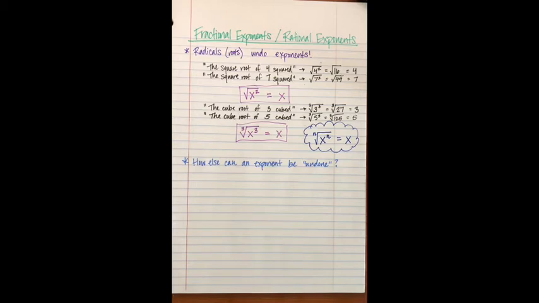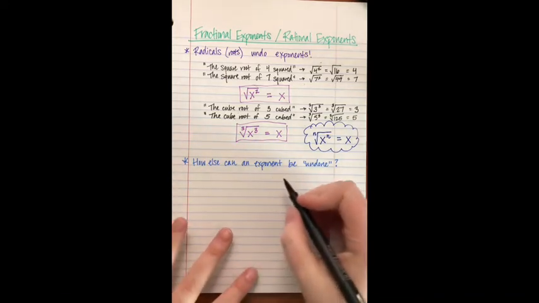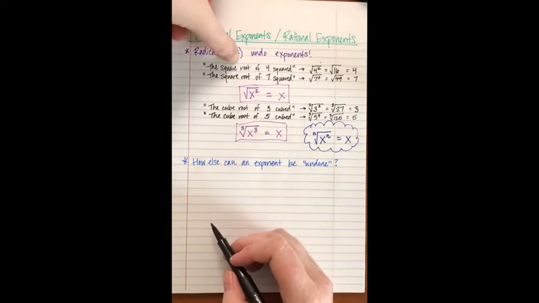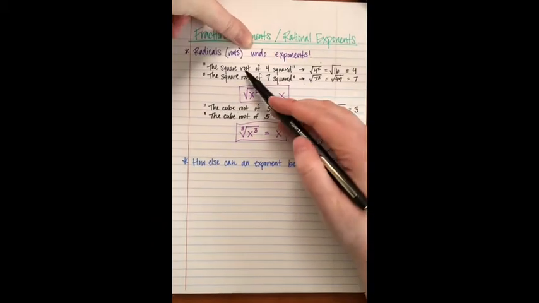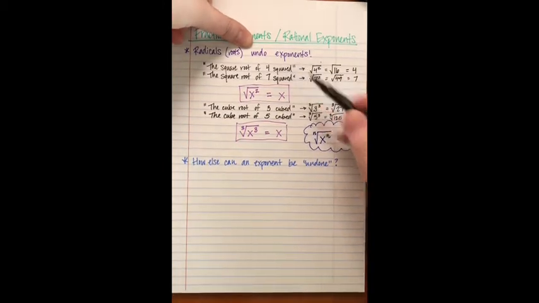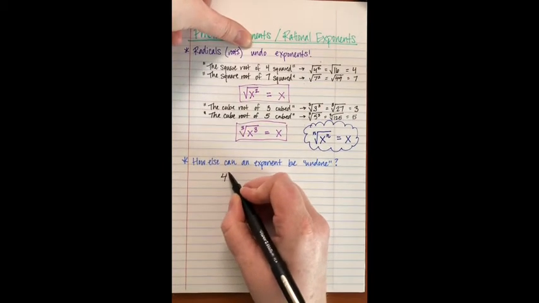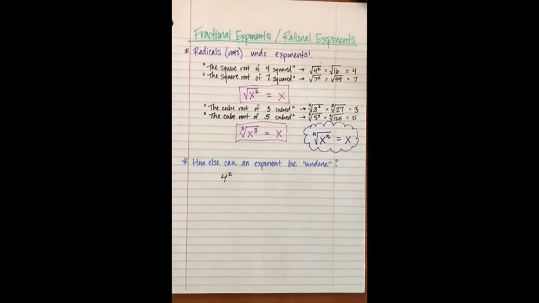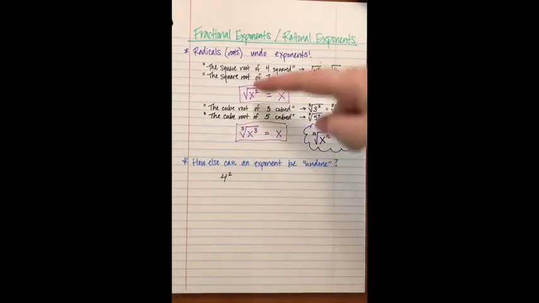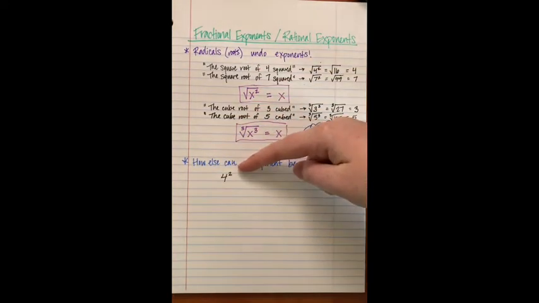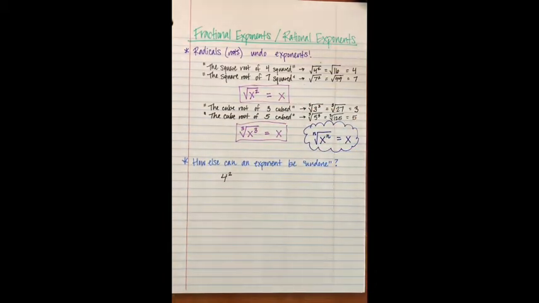Okay? Hopefully you don't get too lost in what we're about to do. This is higher level thinking here. I want to go back to this whole thing of square root of 4 squared. So the square root of 4 squared ends up being 4 because the square root cancels out something being squared. Let's go back to this 4 squared. Just write down 4 squared on your paper. One way I could undo the exponent is to use a square root. I could take the square root of this and I would end up with 4. But guess what?